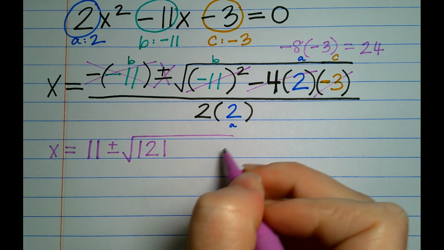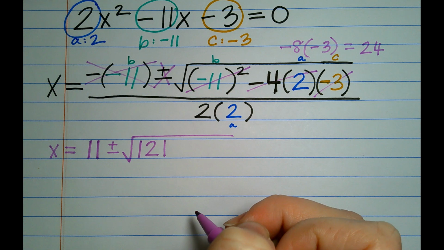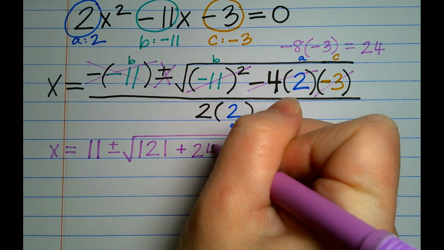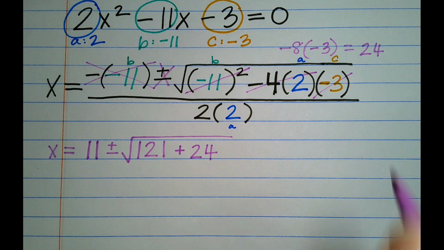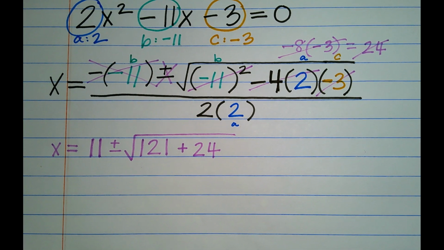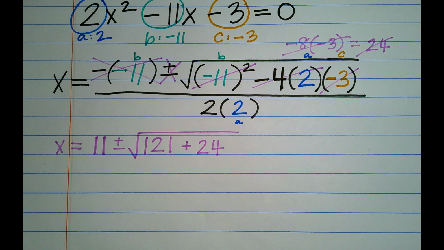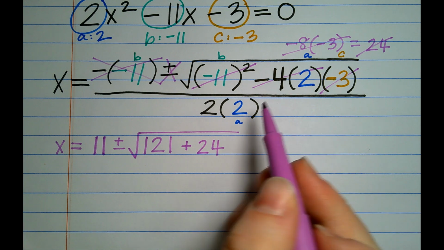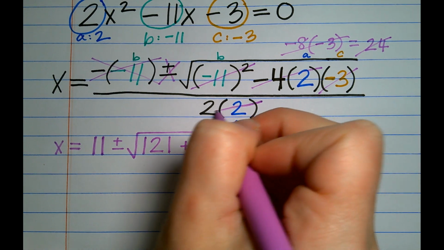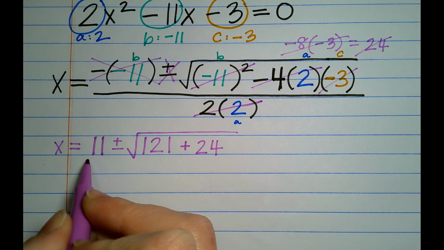Is it plus 24 or minus? Plus 24. Good. Okay, so I'm done with that. Now, 2 times 2. Yes, now we just have the numbers underneath. 2 times 2 is 4.